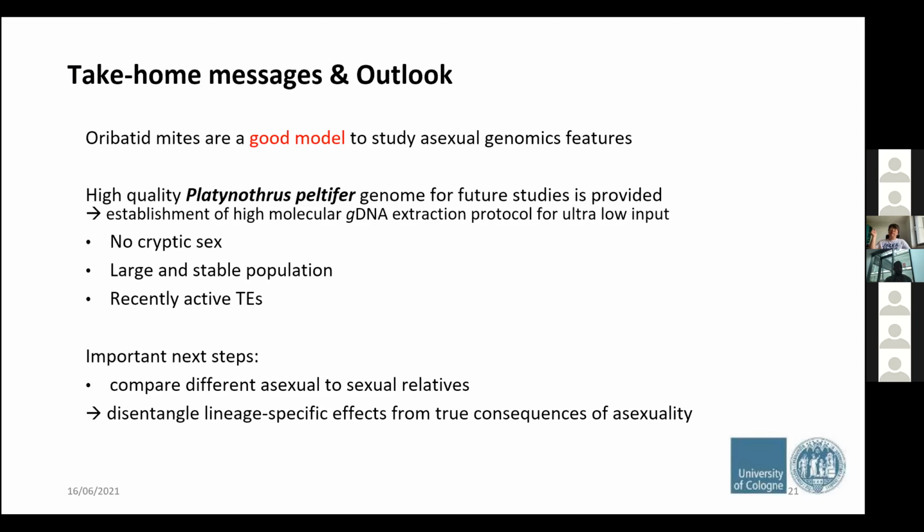We also find some results on TE activity that differ from what was previously studied. That's our result here. Next, we will continue to compare different asexuals to sexual relatives to find out the true consequences of asexuality.